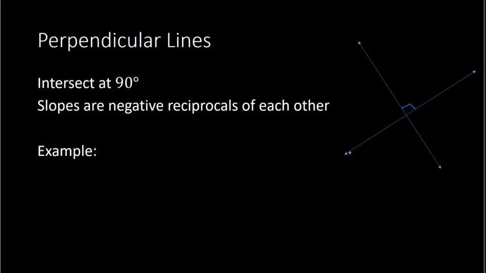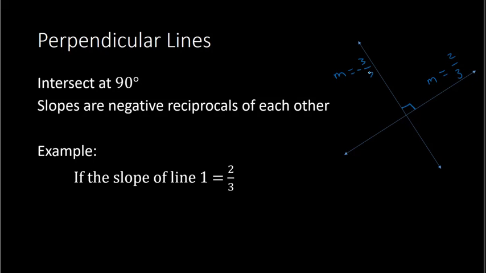So for example, if the slope of line 1 is 2 over 3, let's say this is line 1 and the slope is 2 over 3, then the slope of this line over here, the perpendicular line, is the negative reciprocal. So the positive becomes negative, and instead of 2 over 3, it's going to be 3 over 2. So we change the sign, and then we flip the top and the bottom. So the slope of line 2 would be negative 3 over 2.